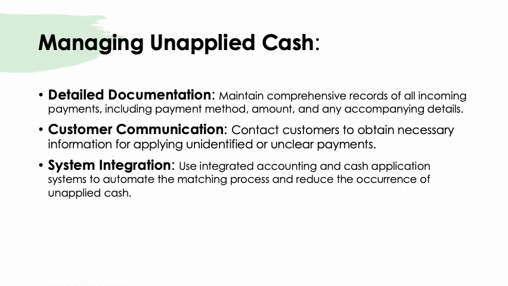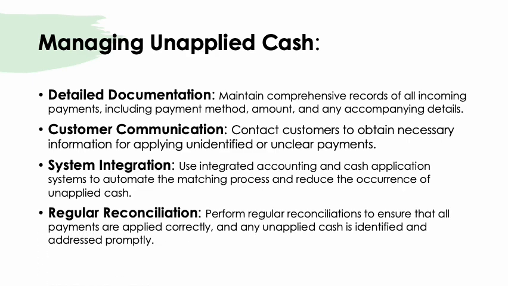Use integrated accounting and cash application systems to automate the matching process and reduce the occurrence of unapplied cash. Regular reconciliation. Perform regular reconciliation to ensure that all payments are applied correctly and any unapplied cash is identified and addressed promptly. I've already explained unapplied cash in detail.